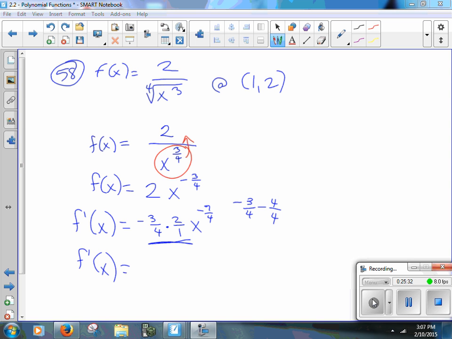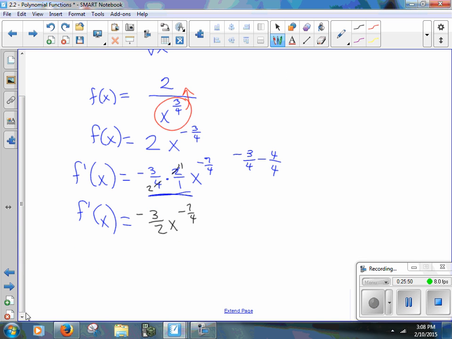What's that going to be? Negative 3/2. 2 goes into 2 one time, 2 goes into 4 two times, right? So negative 3/2 x to the negative 7/4.